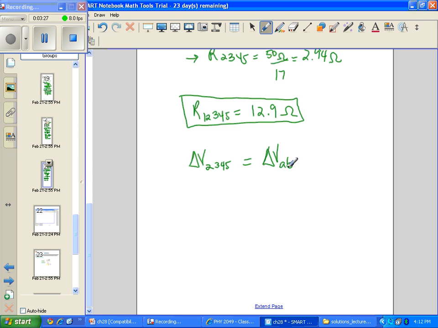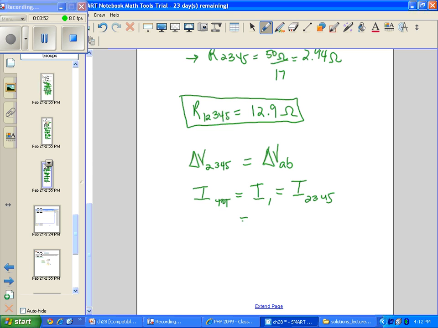So what can we do? Well, the first thing we note is that I total is the same as I1, the current through resistor 1, but it's also the same as I2345, in other words, the current through the combination 2345.